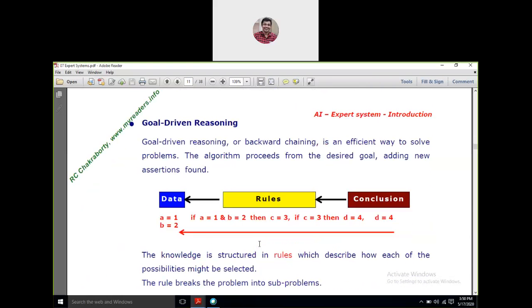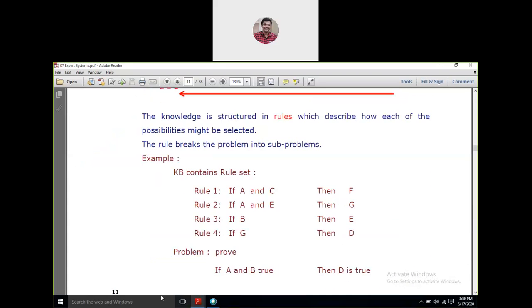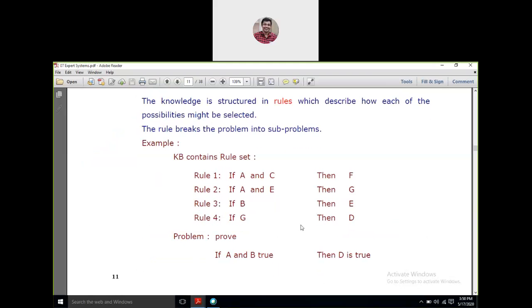Now they start with goal-driven reasoning, and they have solved a small problem. For the BY batch, I have already shared a very exclusive 40-45 minute video lecture on this on YouTube. It's already there.